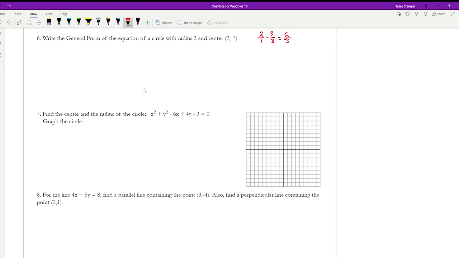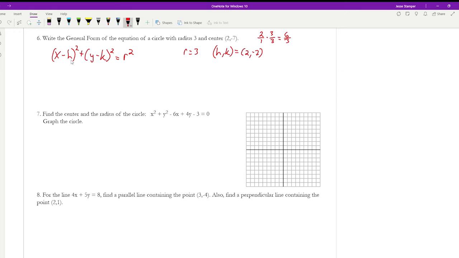Now, let's go to number 6. General form of the equation of a circle with radius 3 and center (2, -7). Well, r equals 3, and the center is h, k equals (2, -7). I write those down because the general form of the equation of a circle is this right here.